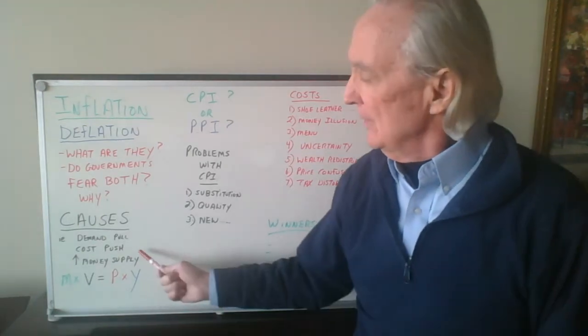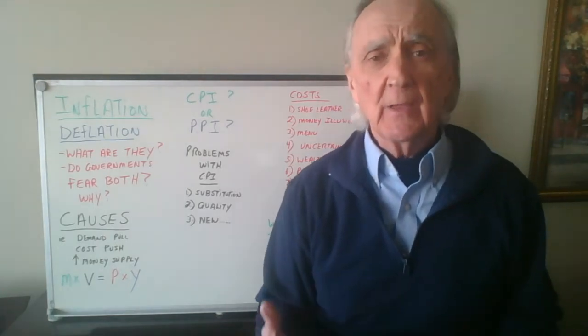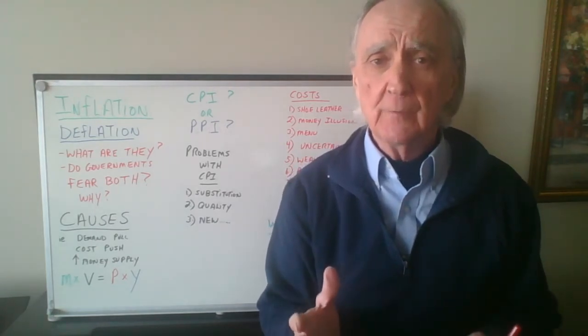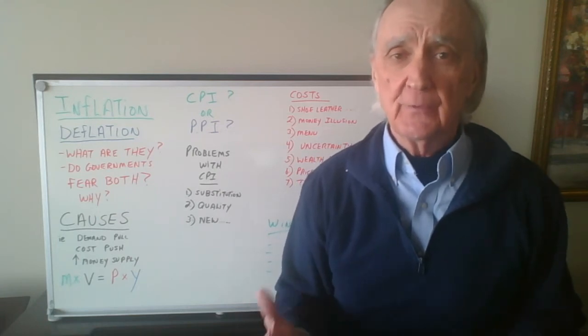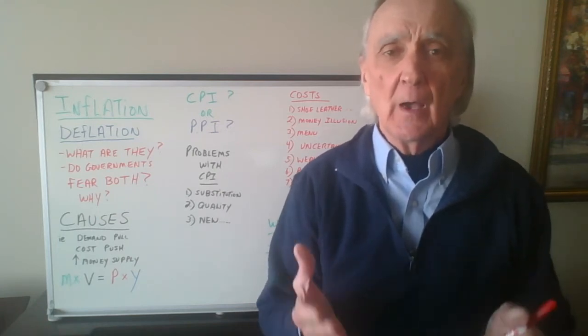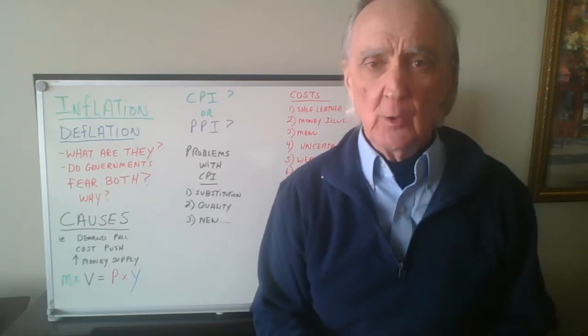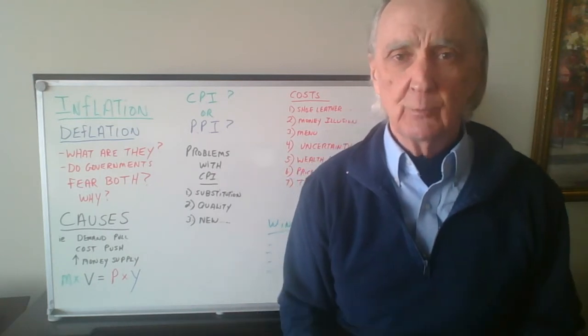Then we also have cost push. Okay, what's that? That has to do with, well, when the supply curve shifts to the left. Okay, remember we said a shift to the left is less. If a key input goes up substantially, firms, stands to reason, are going to make less of a product.